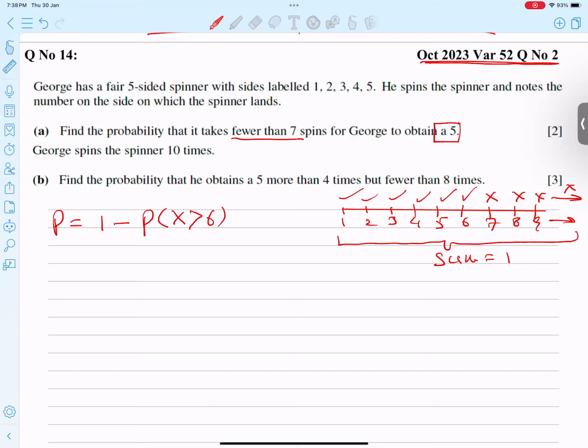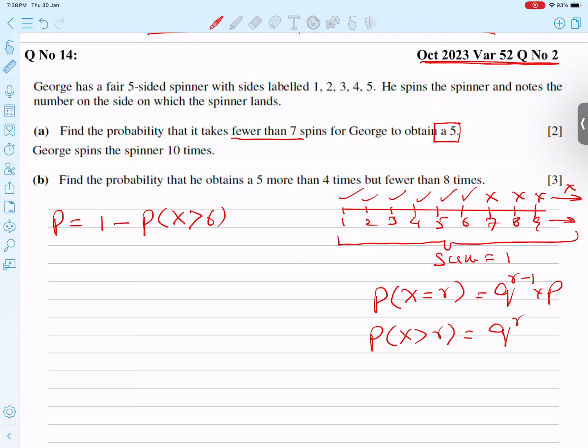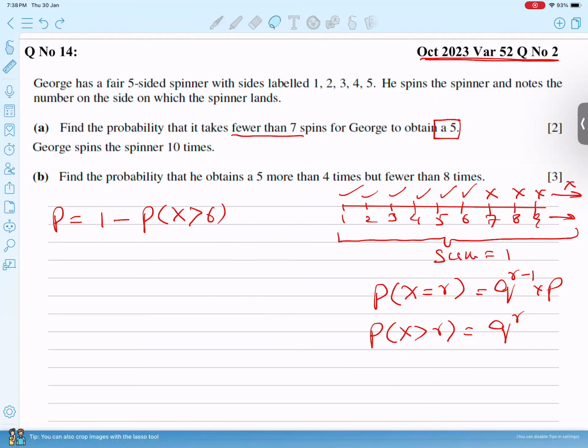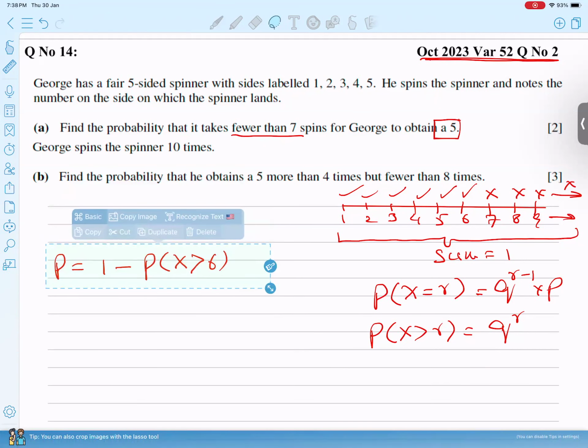And do you know, students, we have a special formula. If P(X = r), the formula is q to the power r minus 1, times p. But when it is more than r, then q to the power r. Now this is more than r, so 6 will go in the power. But first of all, what is p and what is q?